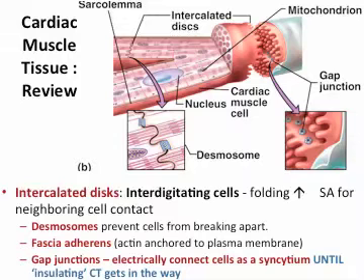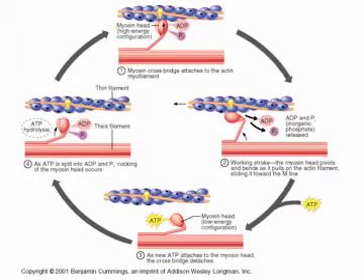And then the gap junctions electrically connect the cells so that the cardiac cells act as a syncytium. What that means is all the cardiac muscle cells of the atria can contract at once, and all the cardiac muscle cells of the ventricle can contract at once, because all the cells in the syncytium get this electrical signal to contract at virtually the same time.